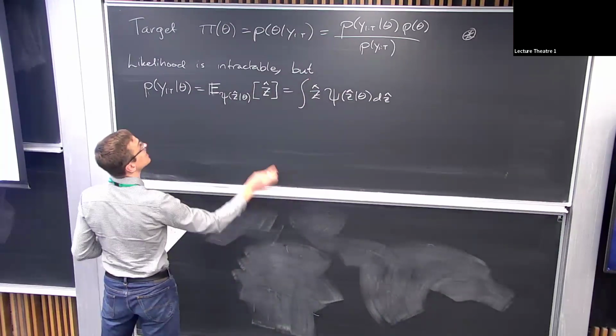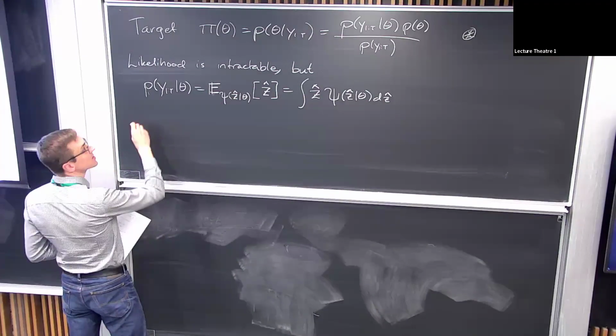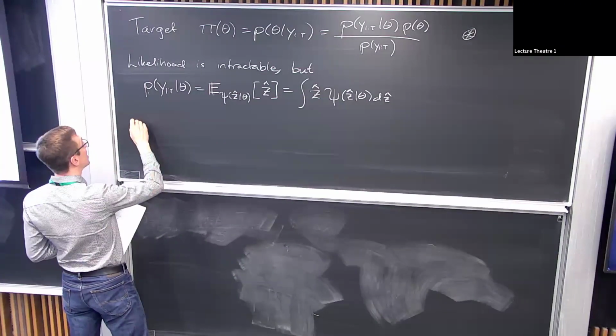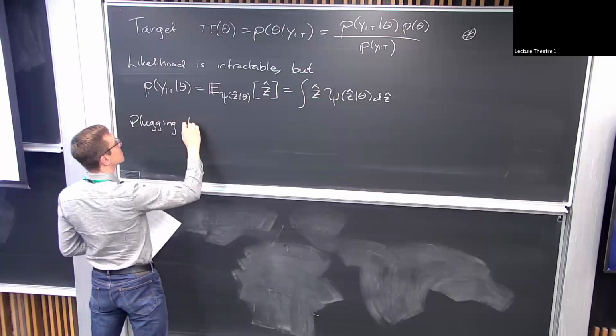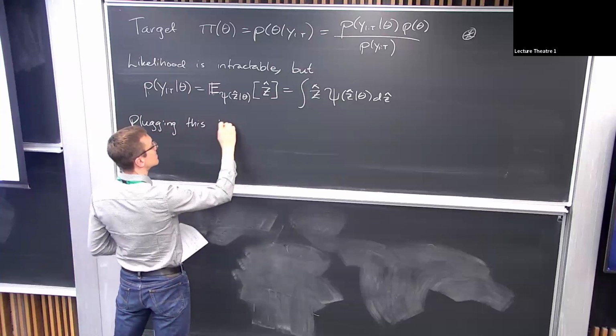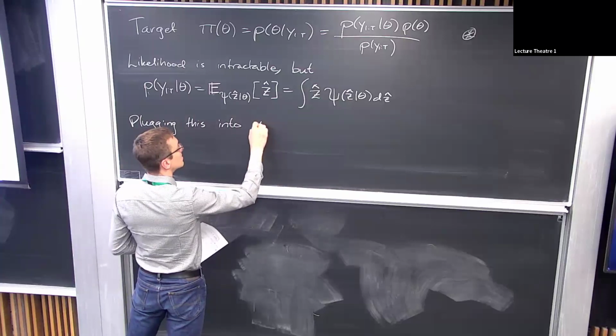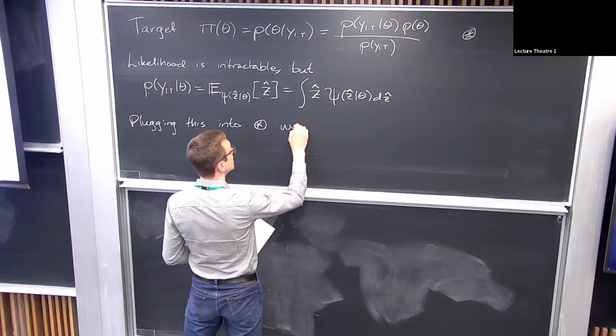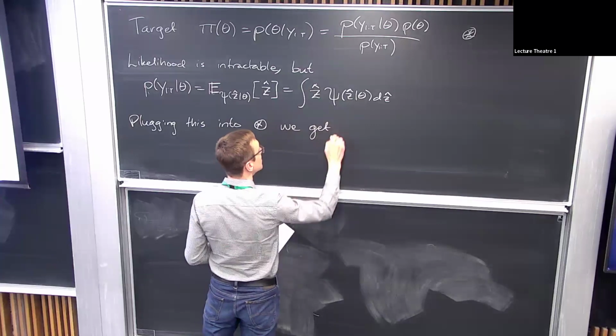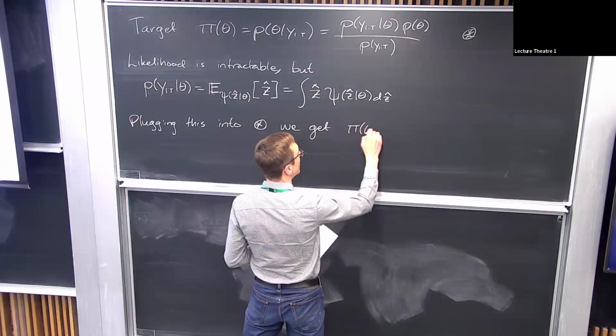All this expression that we have for the target, just store here, then plugging this into the posterior, we get our target pi of theta.